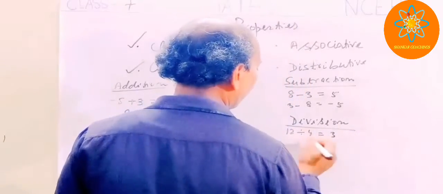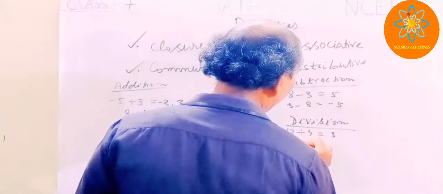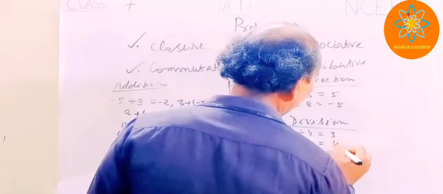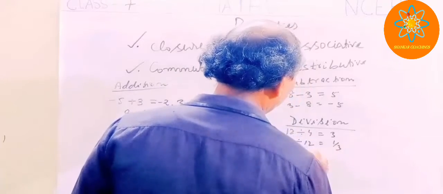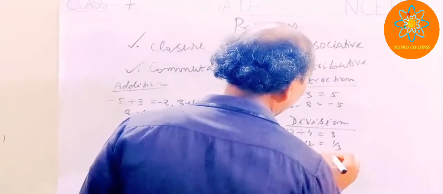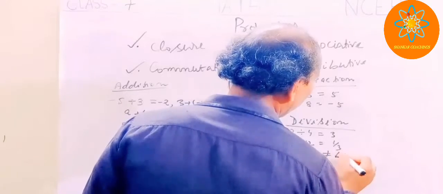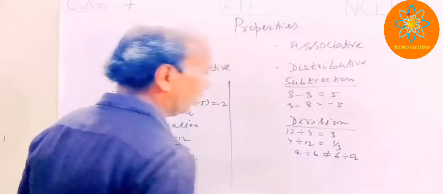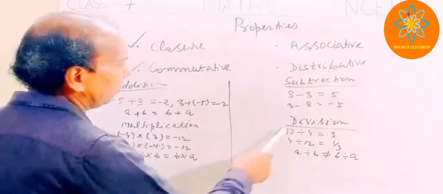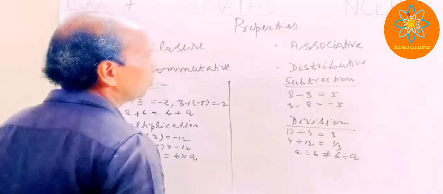And reversing the order, 4 divided by 12 is equal to 1 by 3. That is, a divided by b is not equal to b divided by a. Hence, I can say that the commutative property for division is also not true.